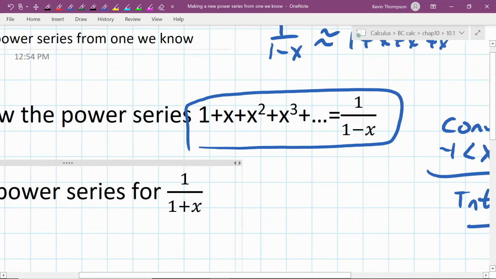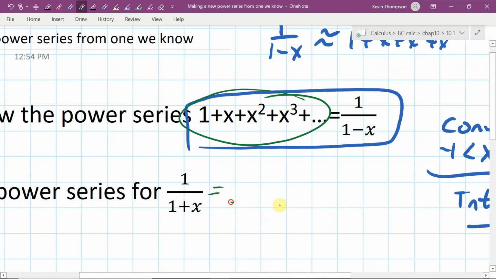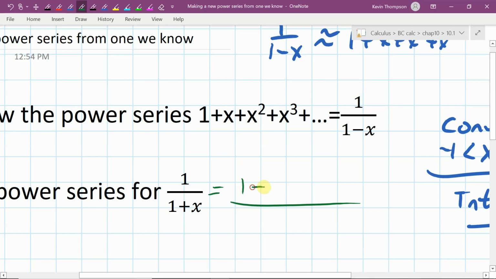So now do that same thing over here. What are you going to write? So x should become the opposite of x. So it should be 1 minus x plus x squared minus x cubed plus x to the fourth minus ... That pattern continues. So every x becomes its opposite.